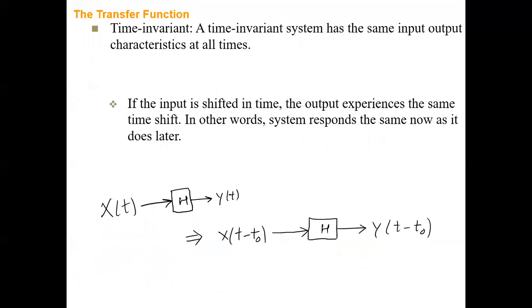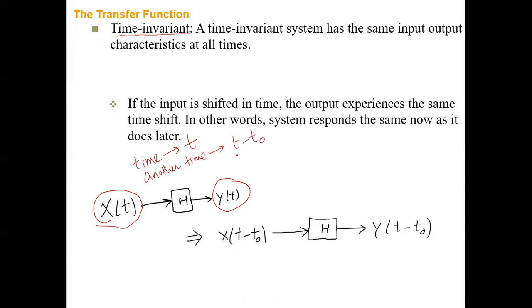So what is a time invariant system? Let me give you an example that will clarify it. Suppose at some time t, you have the input x(t), then you will get the output y(t). Now I'll take another time, t minus t0.